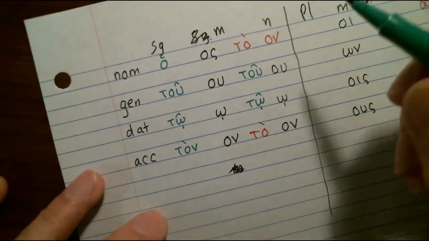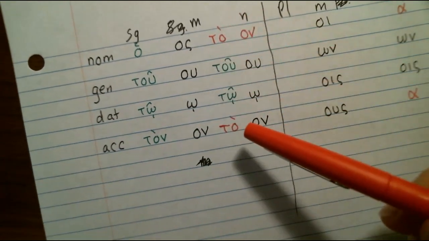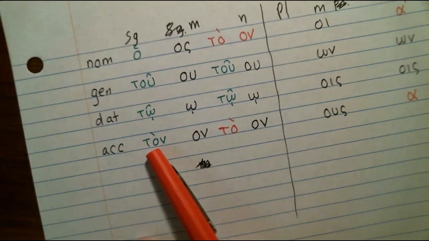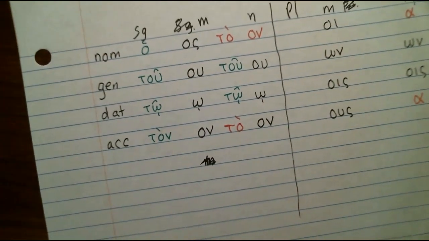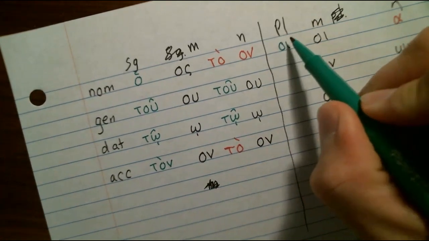Okay. All right, so there's the singular, right? So again, as far as your definite article is concerned, your nominative and accusative are different because the accusative masculine definite article has the nu there, which you don't have here. Okay, so we'll do the definite article for the masculine first.